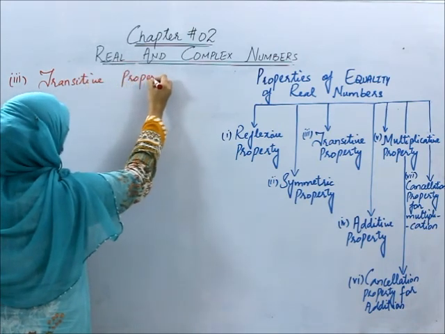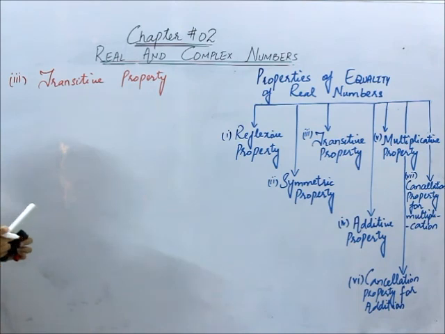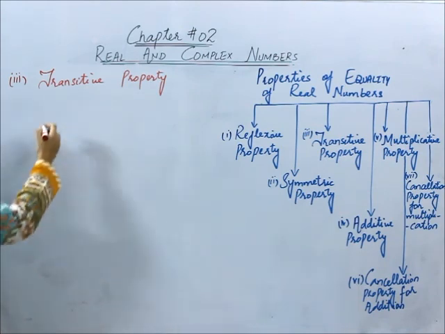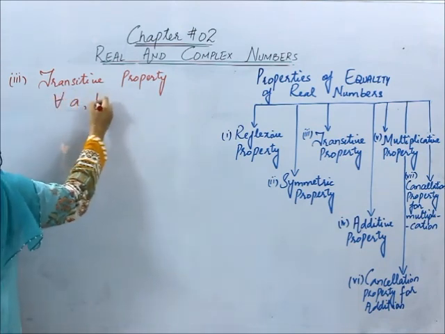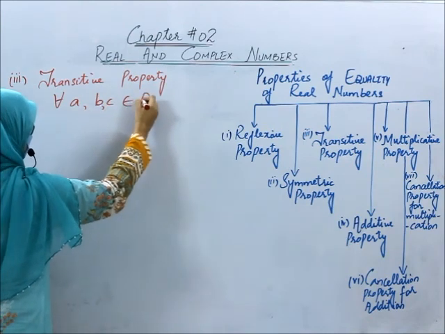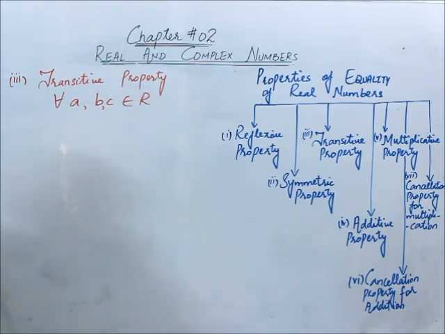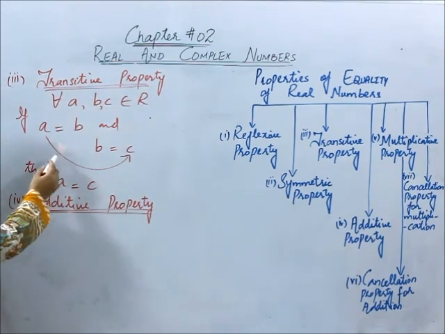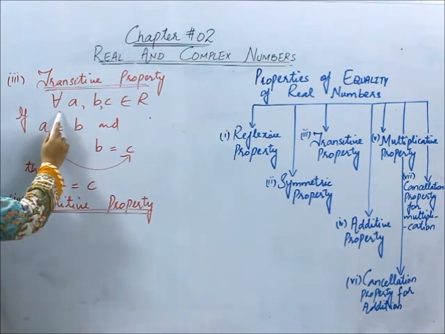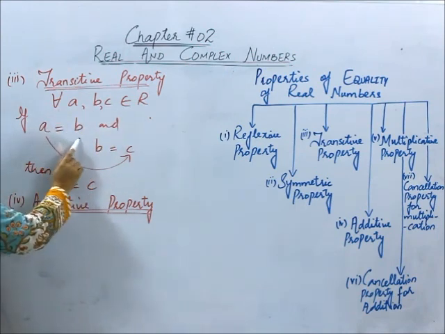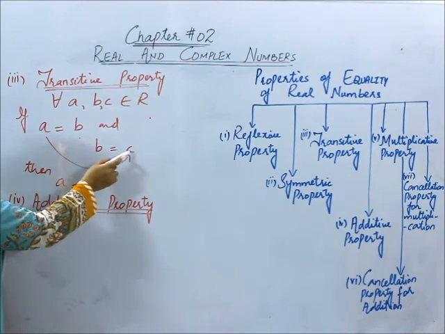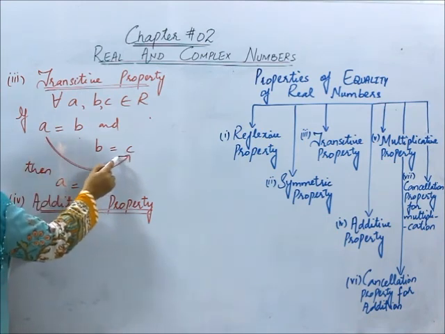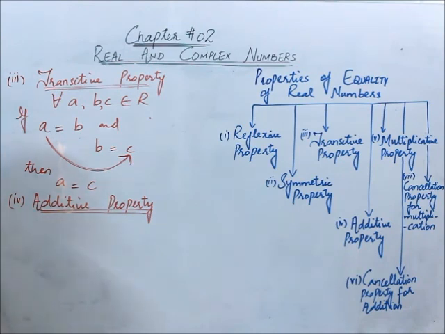If we have three real numbers, for all A, B, C which belong to the set of real numbers, if A equals B and B equals C, then we can equate A and C, that is, A would be equal to C. This is the transitive property.